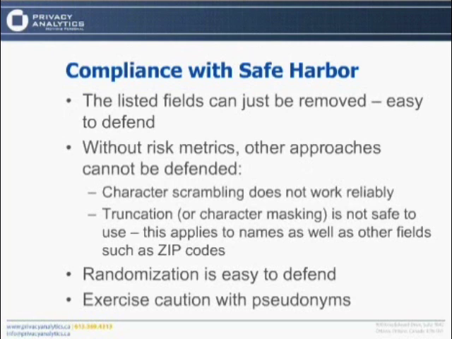So let me talk a little bit about Safe Harbor and how you can comply with it if you choose to use Safe Harbor as your standard for de-identification. Well, you can just remove the 18 elements. Anything that fits those 18 element definitions, you can just remove from your database, and you're done, and you're in compliance.